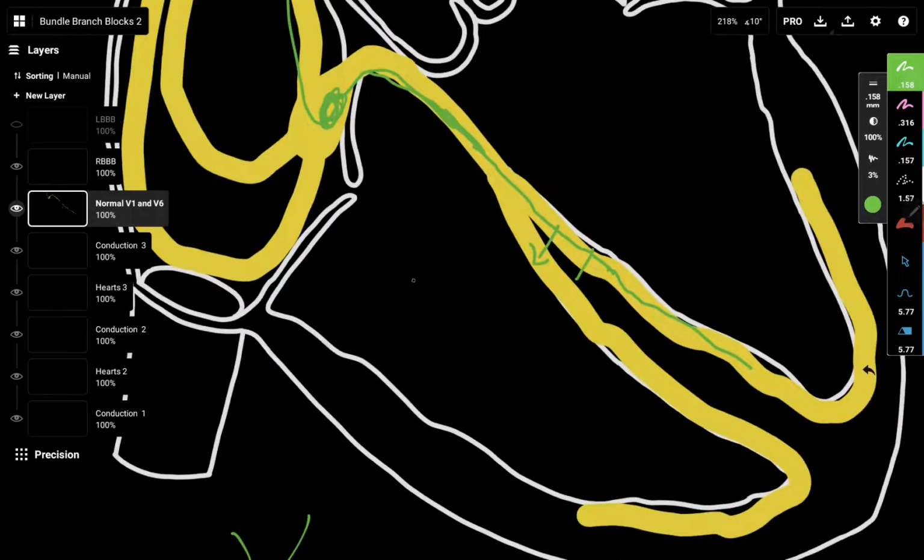If you can see it right here, we go to my right bundle.